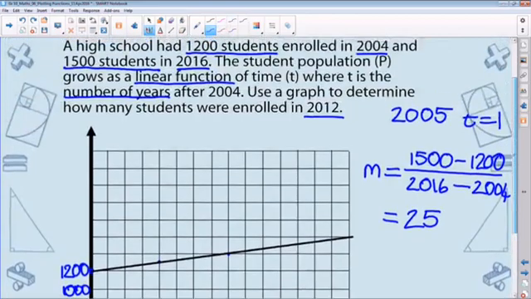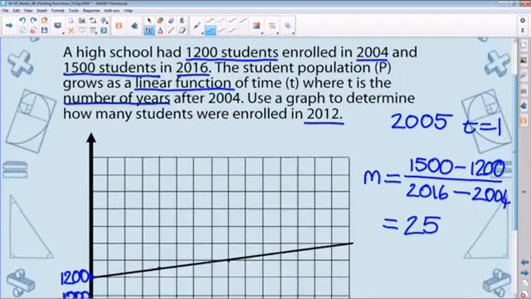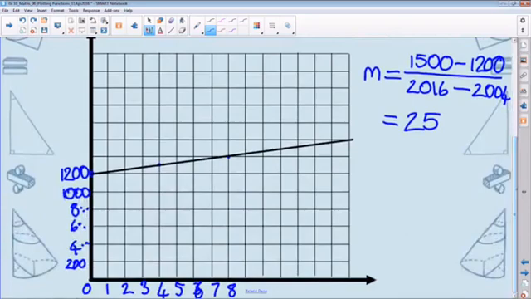Okay, now let's figure out when 2008 was. Is it 2008 we need to know? No, 2012. So if this is 2004, then, let's do it in pink. This is 2004, this is 2005, 6, 7, 8, 9, 10, 11, nicely done.